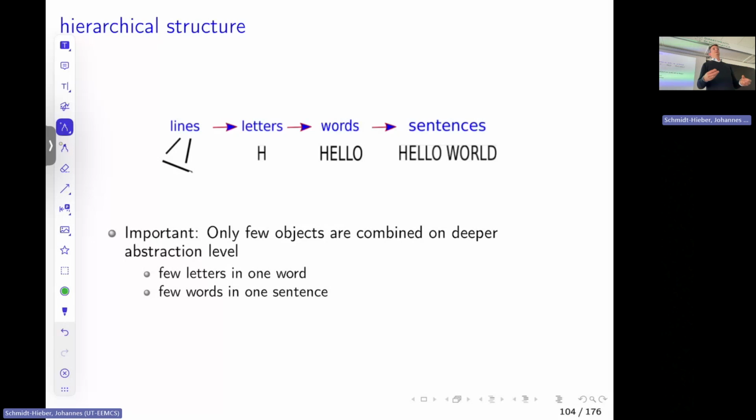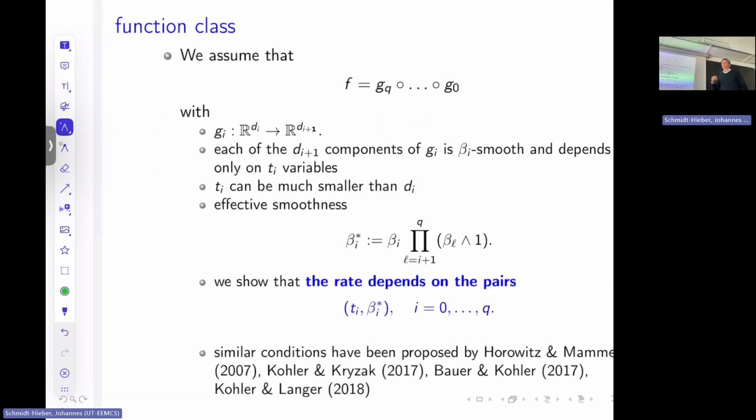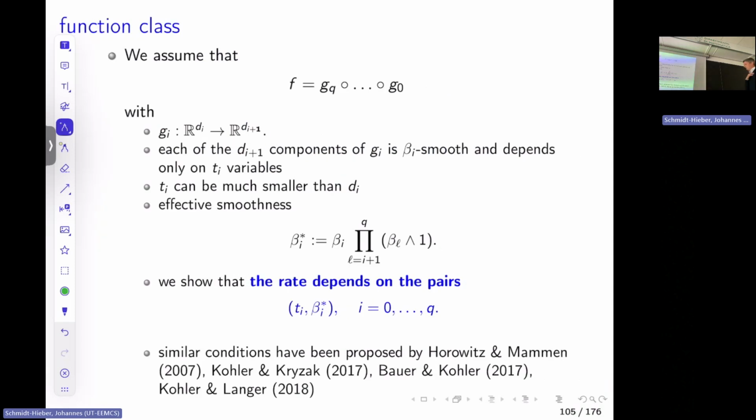You build a sentence from words, and you don't take all the words that you have, but you just pick a few ones, right? So it's always you pick a few of the things, and with different things you can cover all of this, but all of them take a few ones. And this is exactly this thing which is nowadays called compositional sparsity.